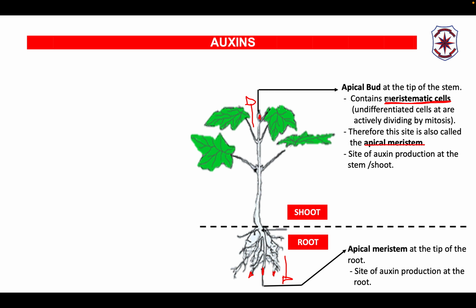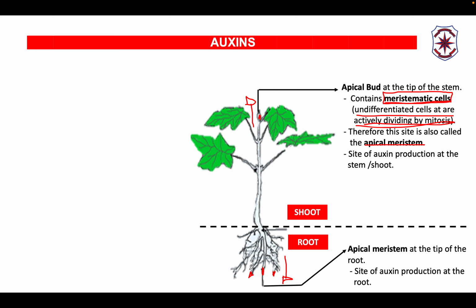It contains meristematic cells, which are undifferentiated cells actively dividing by mitosis, and therefore the site is called the apical meristem.